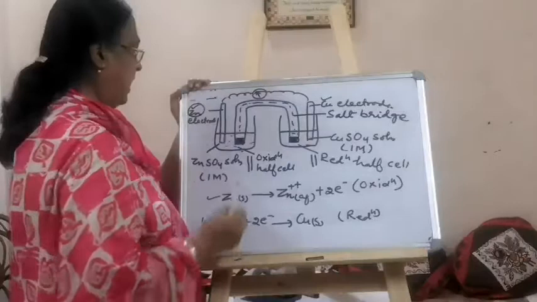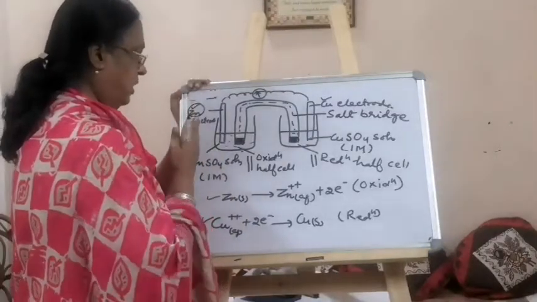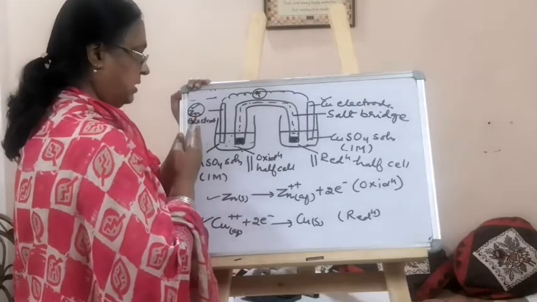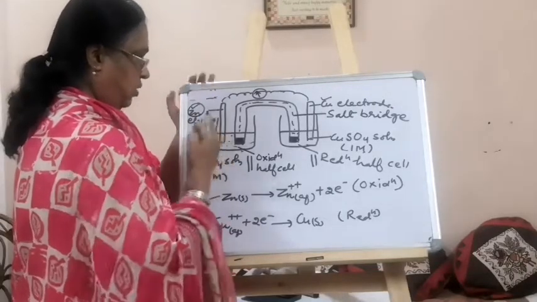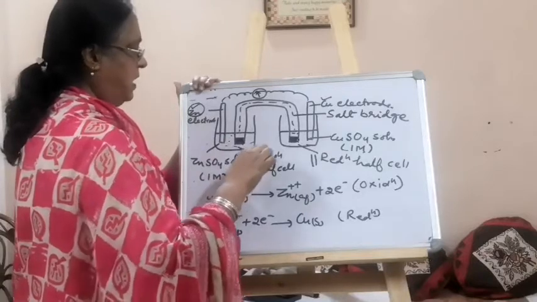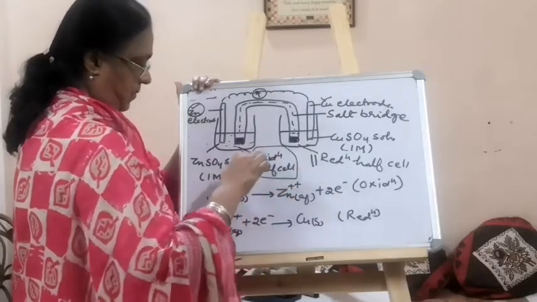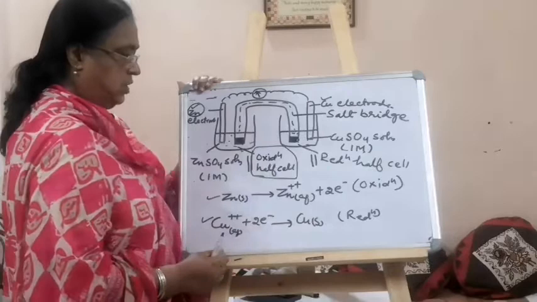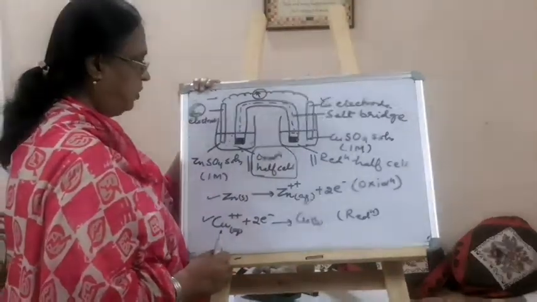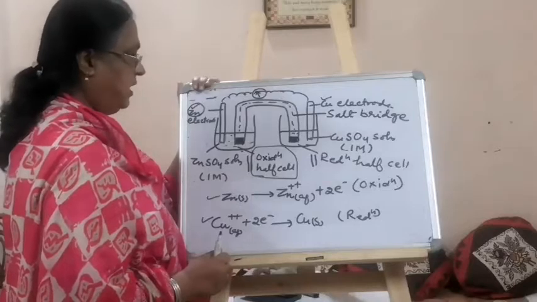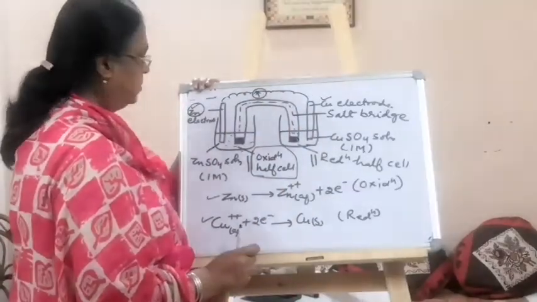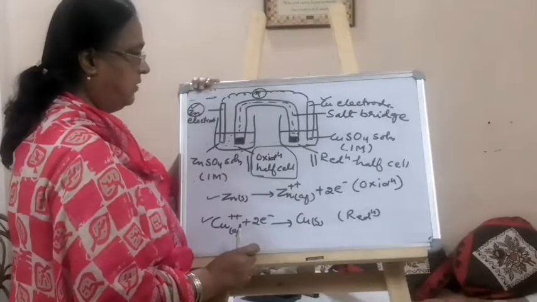So remember that the more reactive metal will always be taken on your left hand side, and that will serve the purpose of oxidation, constituting the oxidation half cell. Whereas the less reactive metal will constitute the reduction half cell.